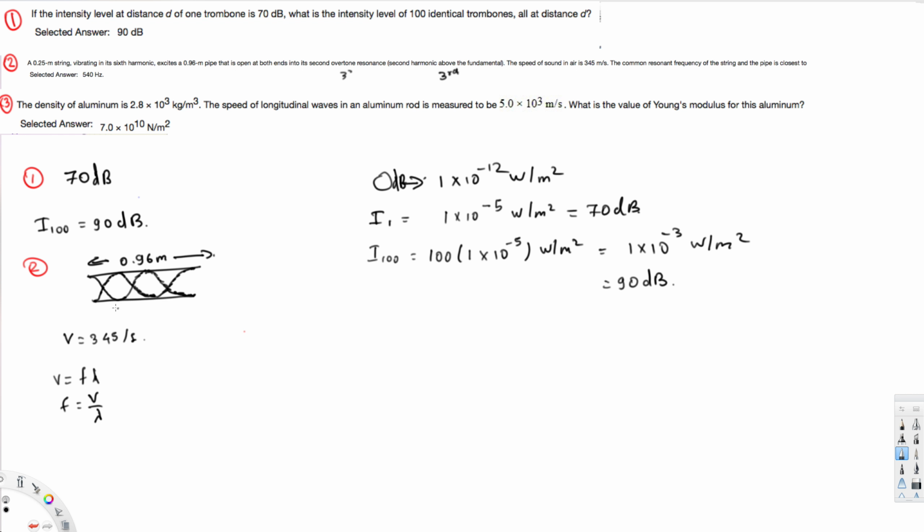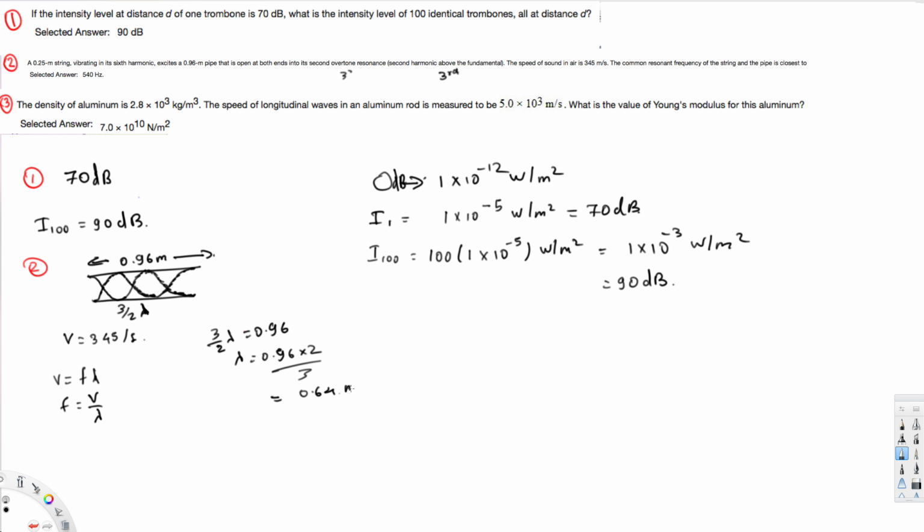If you look at the wavelength, this distance is one wavelength, and we have lambda by 4 on each side. If I add them together, that's lambda by 2. So it's 1.5 wavelengths, which we can write as 3 by 2 lambda. From this I can find the lambda. 3 by 2 lambda is equal to 0.96, therefore lambda is equal to 0.96 multiplied by 2 divided by 3, which is 0.64 meters.